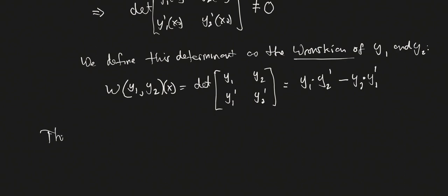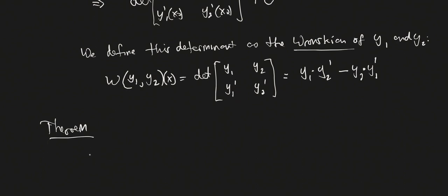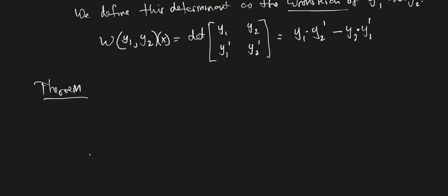And so let's state our theorem first. A lot of this, as you can see, is based on work that was done in linear algebra. The difference now is that we're working with functions.